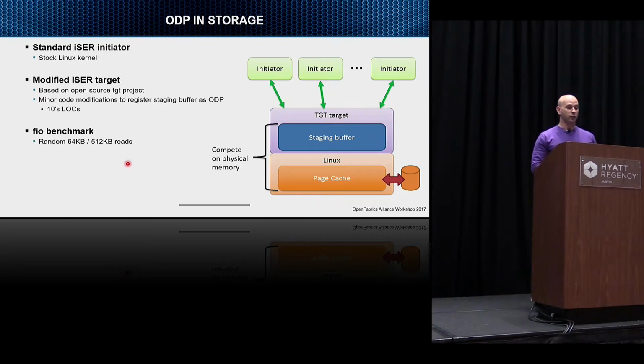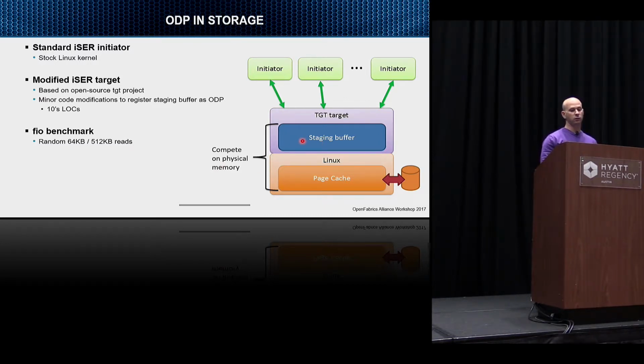The next evaluation we did was in a storage setting. We're testing a bunch of stock Linux iSER initiators against a TGT target. The implementation of TGT has this 1 GB staging buffer that it pins up front, and of course, it competes with the operating system page cache.